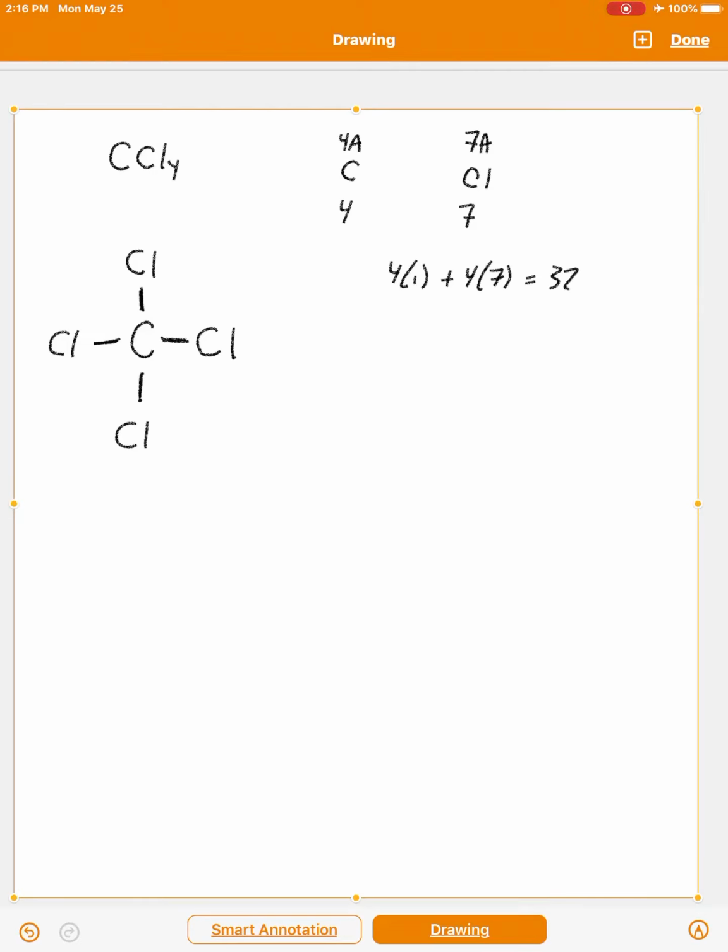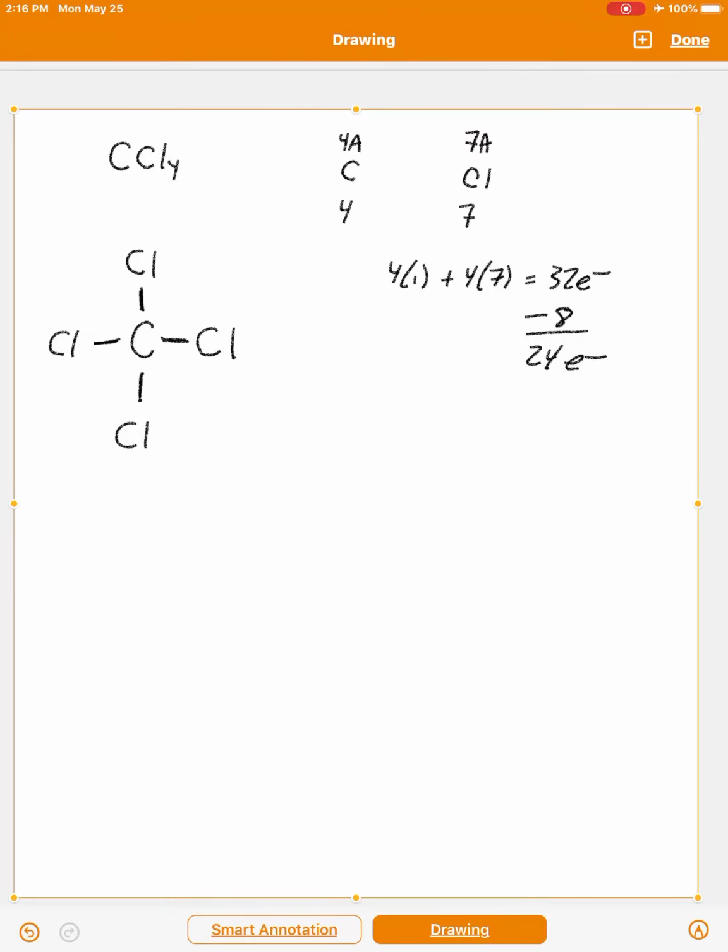That gives us 32 electrons. So far we've used 8, so I'm going to subtract 8. We've already put in a bond to each of those chlorines, so we've already used 8 electrons. Now the question is, how do we distribute the 24 electrons?